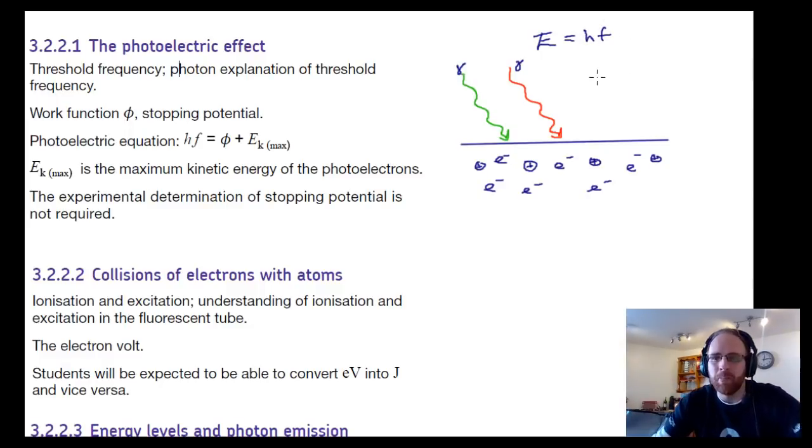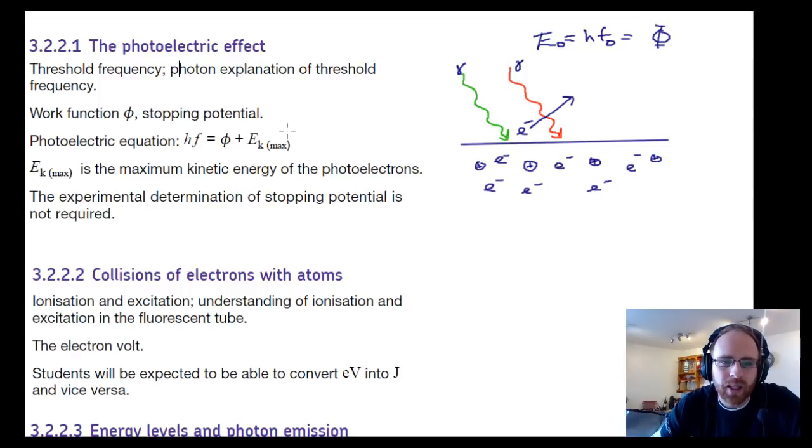If the energy is big enough, it's possible to knock an electron off the surface of the metal. So the work function gives us the minimum energy required to remove an electron from the surface of the metal, and that is the definition of work function.